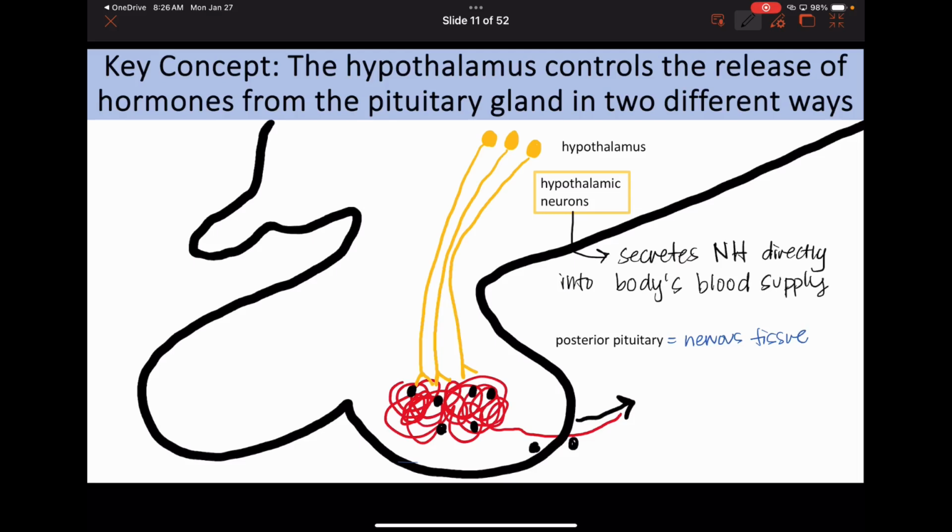In your notes it mentions that there are no epithelial cells found at the posterior pituitary, so there's no middle person or capillary system for it to communicate with. So really, the posterior pituitary is more of a storage area for these hormones that are being produced by the hypothalamus. They're not doing any production or anything like that. They're just waiting for the cue to release their hormone.